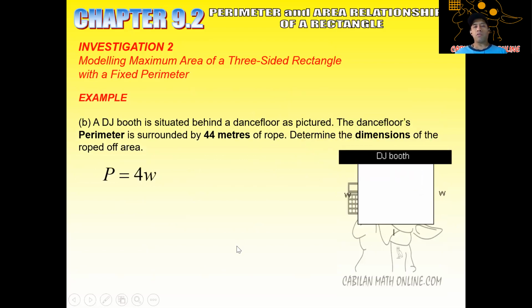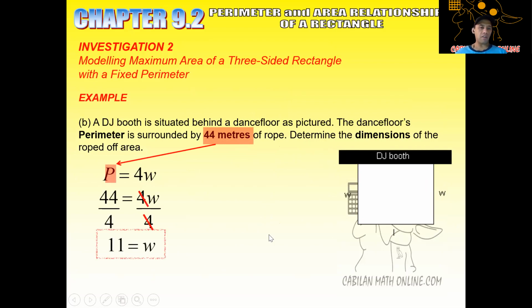Now, what we have to do first is understand that we need to calculate the W, and then from there we're going to see how we can calculate the length, using what we did in the investigations in the previous examples. So step number one, we're going to take this 44 meters and replace it for the P. And for the final step here, we're going to divide both sides by 4. This is going to give us a width of 11.